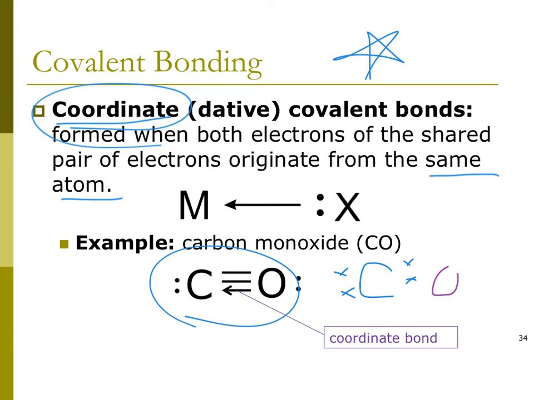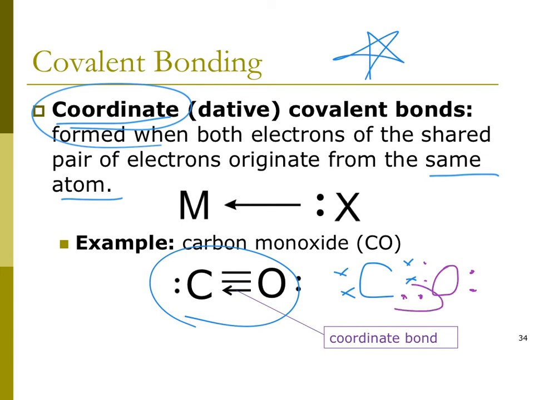Then oxygen would come in, and it would bring with it 6 electrons. So it, of course, would have its 2 for the lone pair. Now it has 4 more that it can contribute to the bonds. So it will contribute 1 each to the single bond that carbon has already started. It still has 2 more, and both of those electrons will go into the bond that creates the third or triple bond.